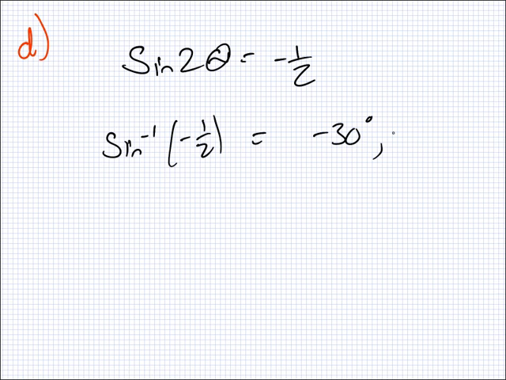It's 180 minus 30. Isn't that what I said? 210. Oh, sorry. Well, it's closer than 150 was. So they're the two answers. Remember, for sine, the second answer is 180 minus the first answer.